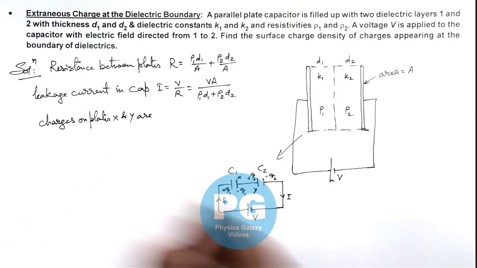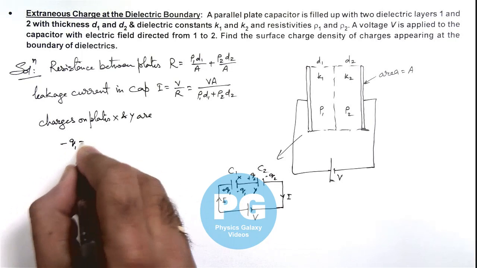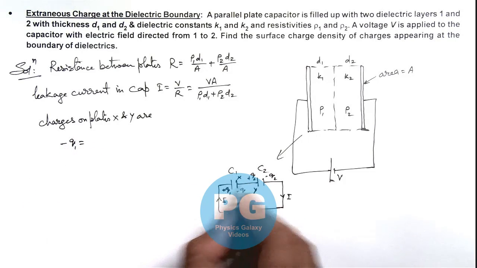So the charge on plate X, we can write as minus Q1, and the value is C1 multiplied by the potential difference across this capacitor.